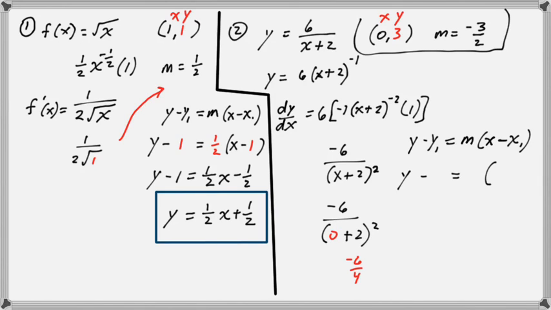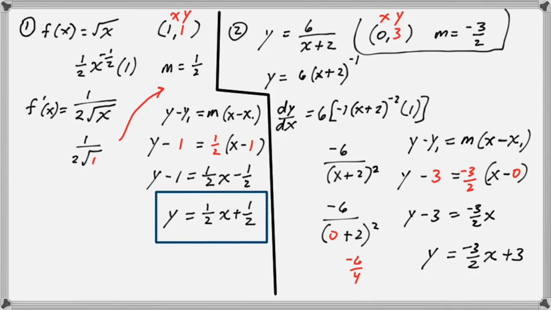Filling it in, what is the x value? 0. Y value, 3. Slope is negative 3/2. If I multiply this, I get negative 3/2 x. And if I add the 3, I think I would get this. So these are the equations of the tangent line to the curve at the indicated point.